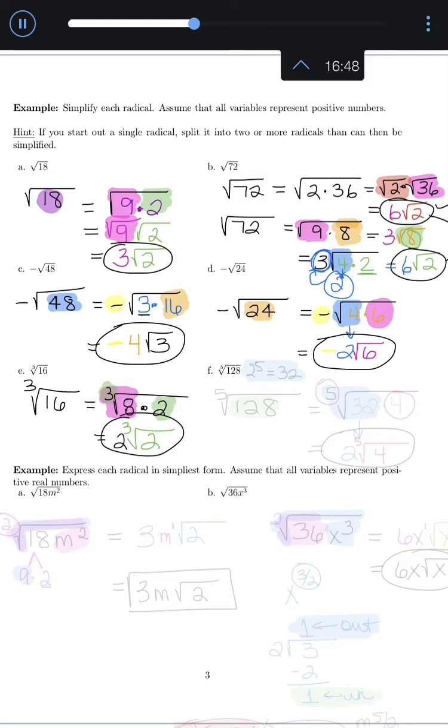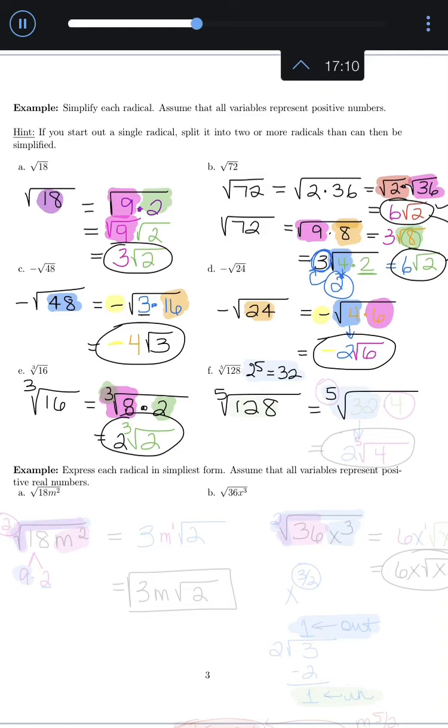If you were looking at a fifth root, like you are in F, you'd want to break off something that you can take the fifth root of. So the first thing I would look at is what is 2 to the 5th, which is 32.